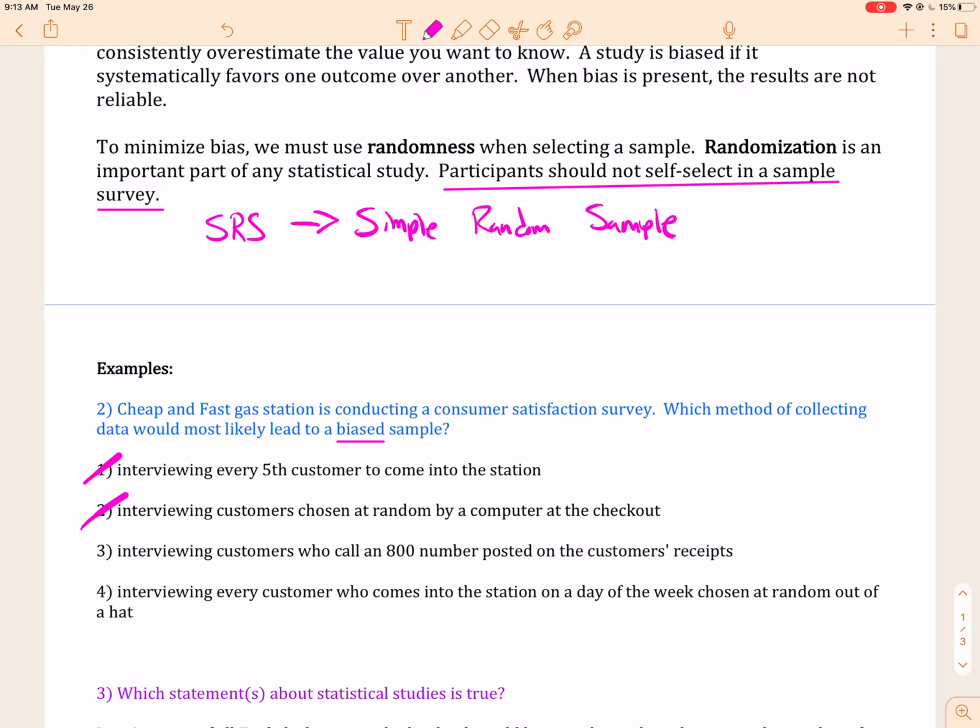People who are upset because something went wrong, because maybe the place was dirty, or the gas pump broke, or the credit card thing didn't work. This is definitely going to lead to bias. And if you had to guess, it would lead to bias in which way? It would lead to bias in that the survey results would show that people didn't like the gas station, but that might not be true.